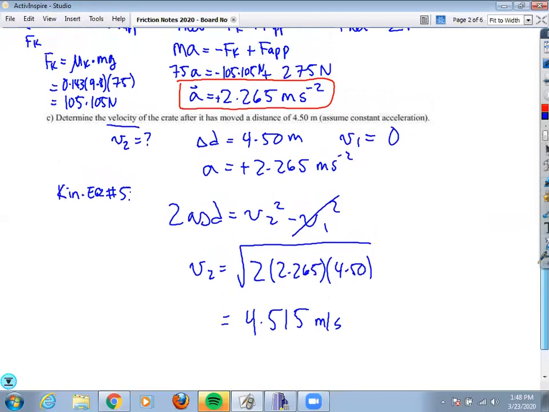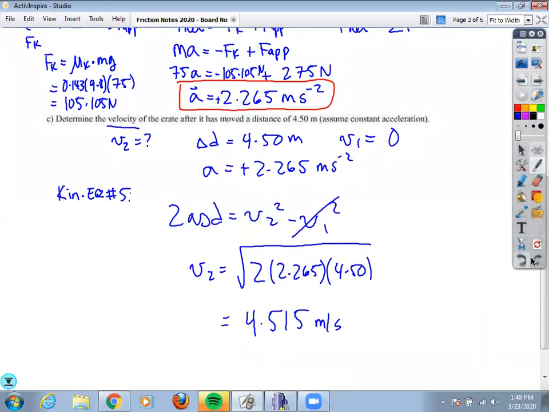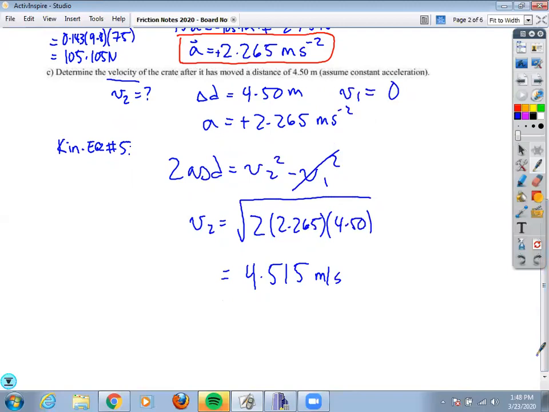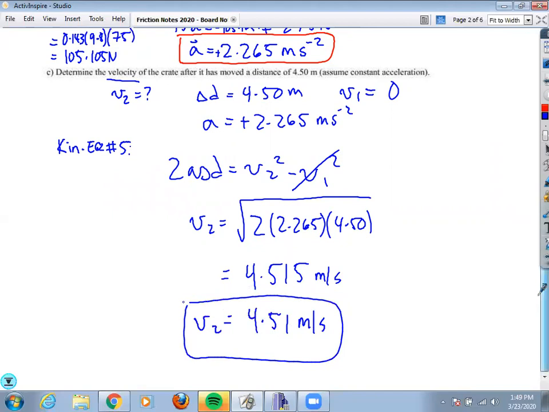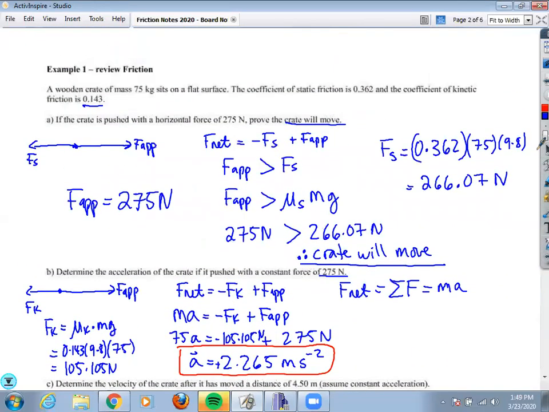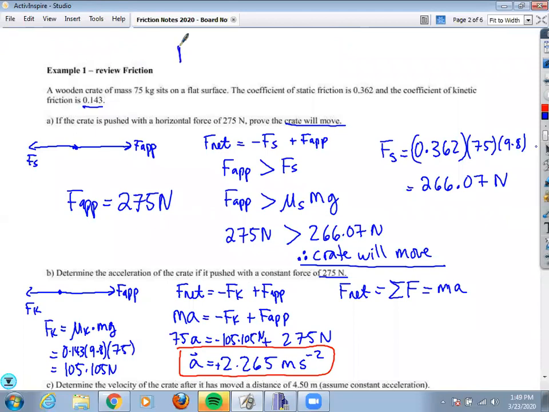Taking it to sig figs, that would be 3 sig figs. Now we already did the rounding before, so that should be 4.51 meters per second would be the v2. Okay, so that recaps horizontal force with friction. That was from Physics 30S.